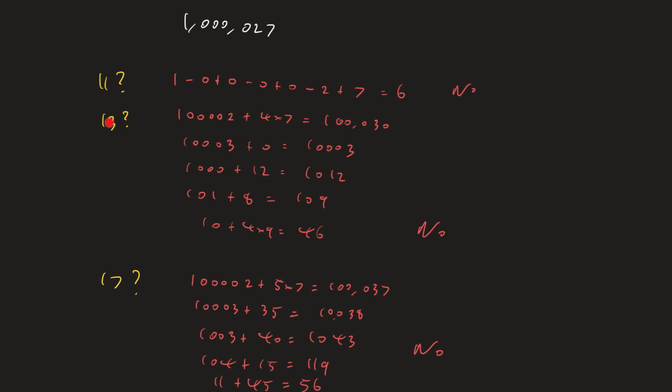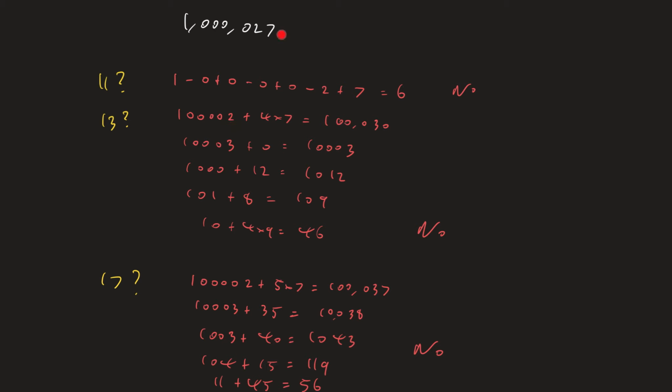For testing smaller numbers for divisibility by 13, we can do it the same way as for 7, except rather than multiply the last digit by 2, we multiply it by 4 and we add, not subtract. Specifically, we take our number, cross off the last digit to get 100,002.